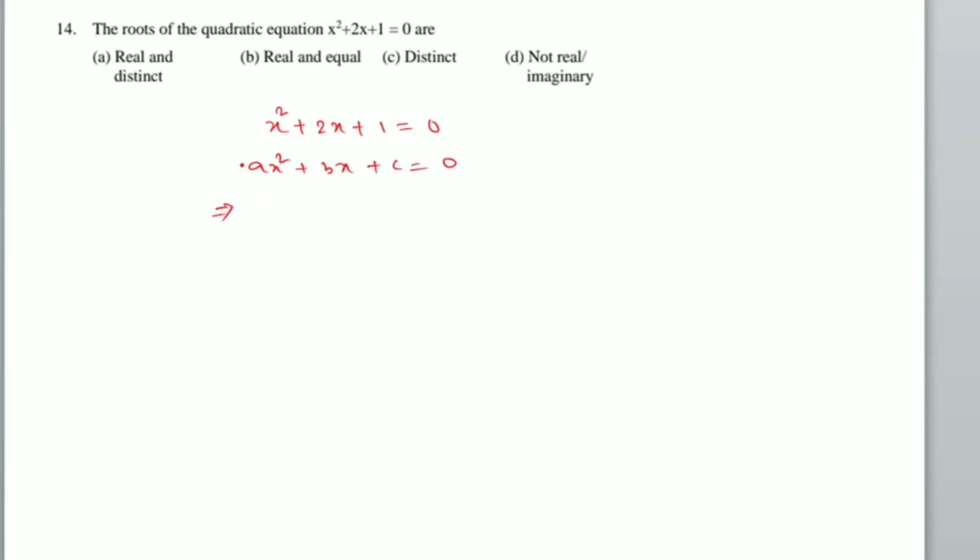After comparing we get a is equal to 1, b is equal to 2, and c is equal to 1. To find out the nature of the roots, we have to find out the discriminant. What is discriminant? Discriminant is b square minus 4ac.